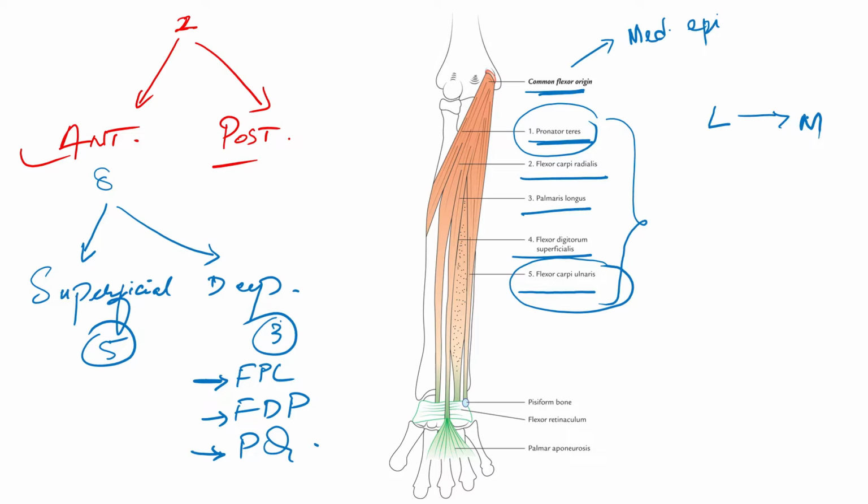The superficial muscles of the anterior compartment have a common origin from the medial epicondyle of the humerus. We can see here all the muscles take origin from this point of the bone. We will learn about the muscles one by one.